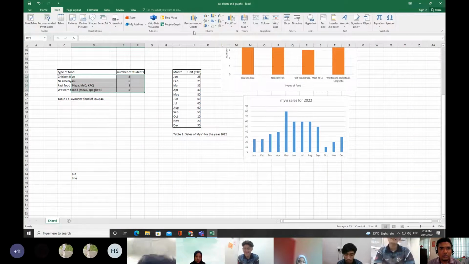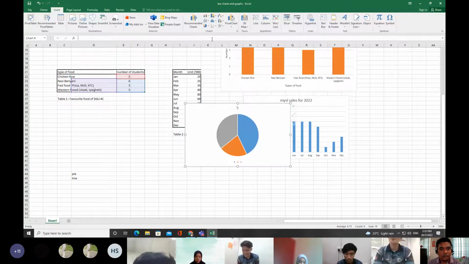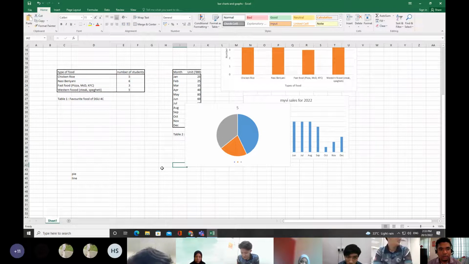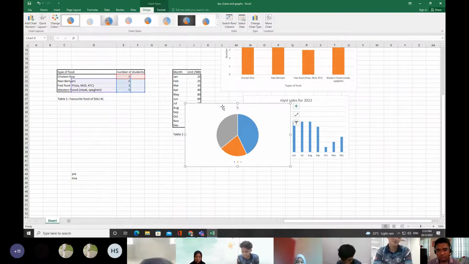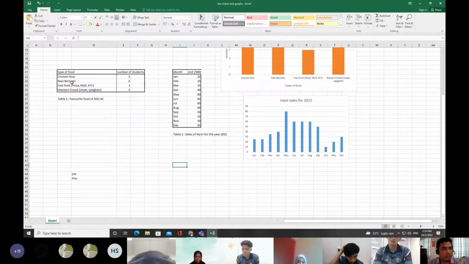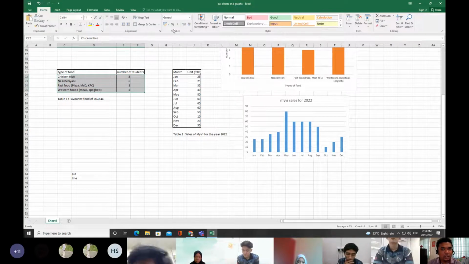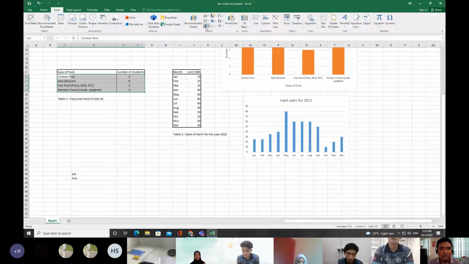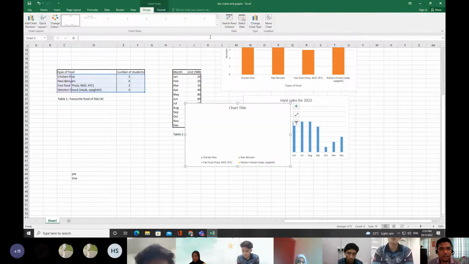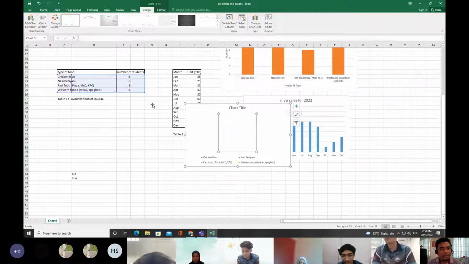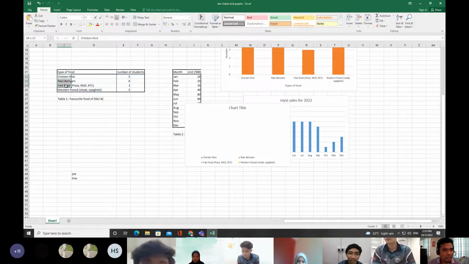Insert. Nope. Something is wrong here. Give me a second here, guys. Insert. It doesn't want to show up. Never mind. Maybe something is wrong because there are 2 columns here. Maybe I can merge these 2 columns.